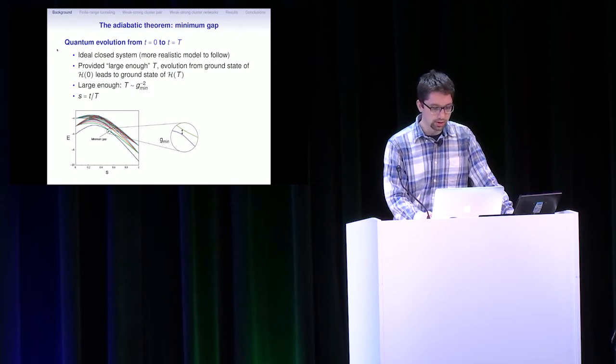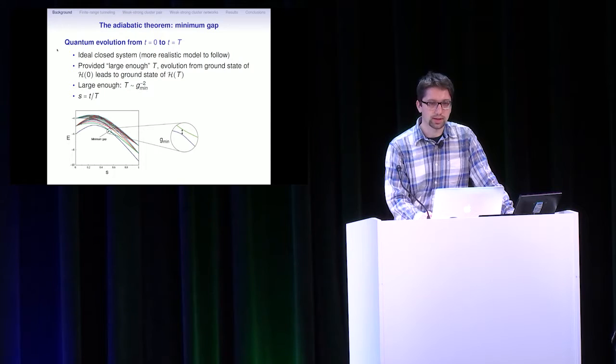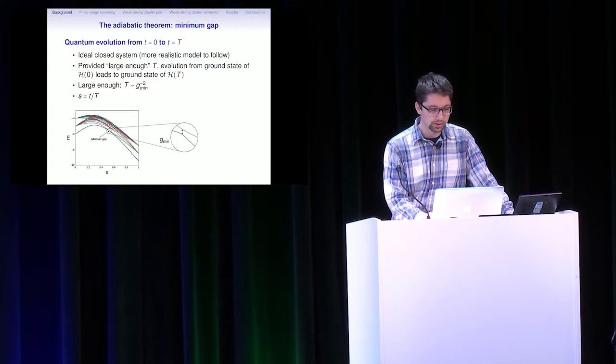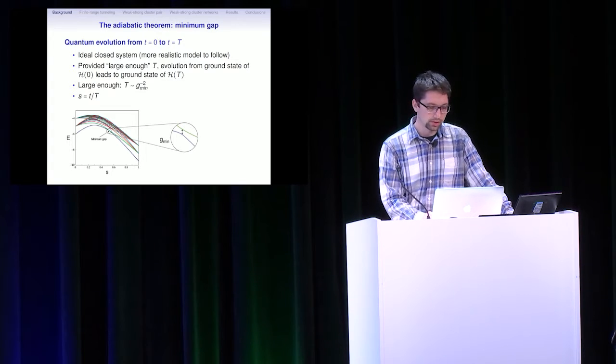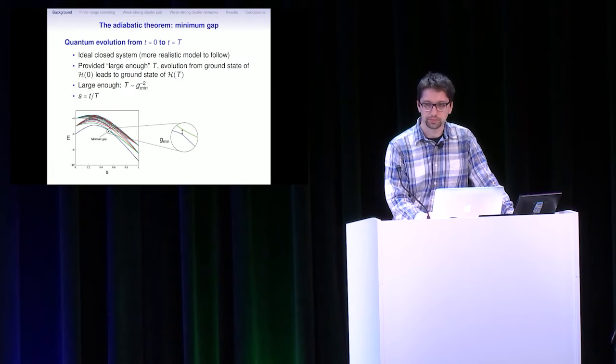The minimum gap is the closest that the ground state energy gets to the first excited state energy during the evolution. And the evolution time needs to be approximately proportional to the inverse square of that minimum gap.